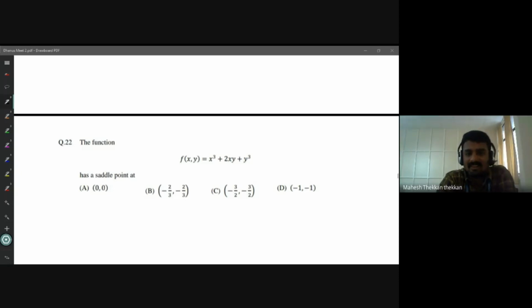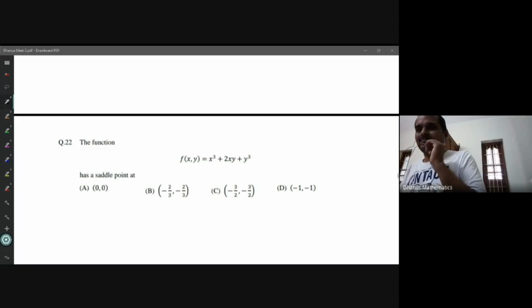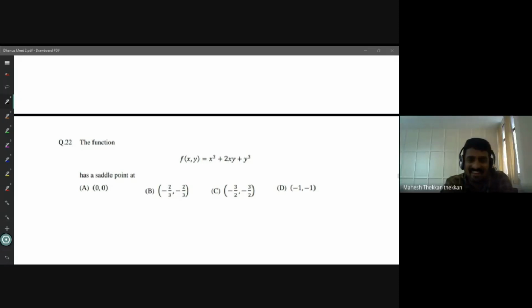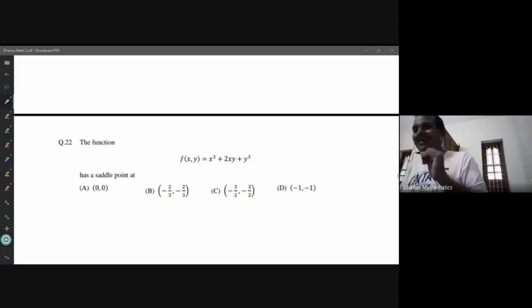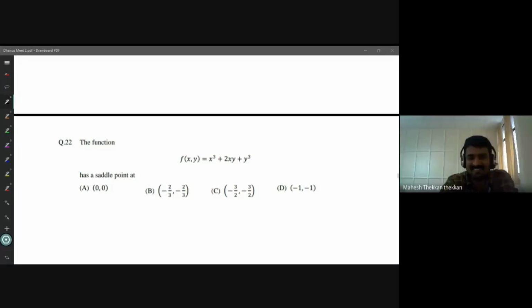Somebody in the chat box is asking to arrange one more session on maxima and minima. Mahesh is also very busy with his research schedule, so we will think about it later. This syllabus is a little bit heavy.